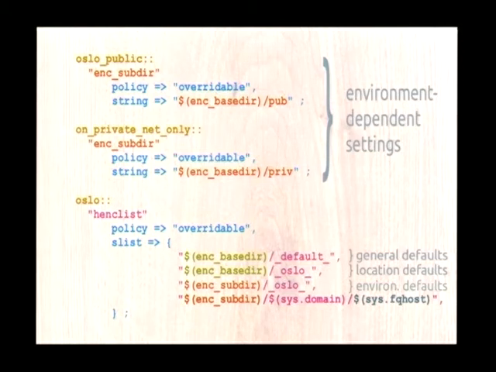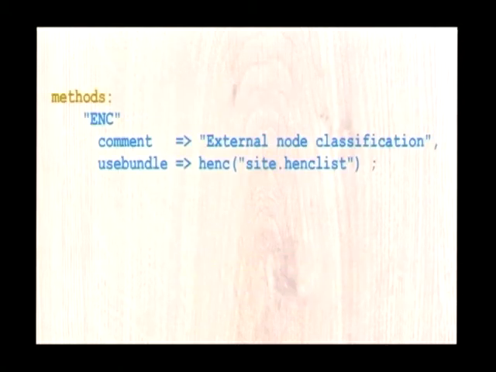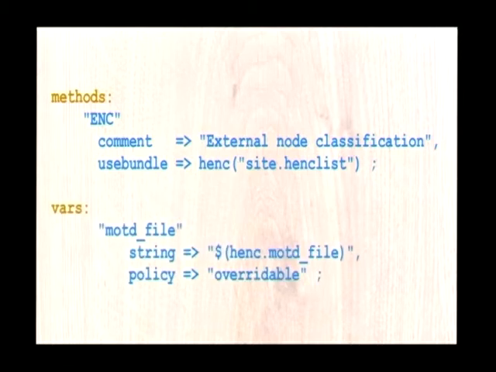And when we have these lists, we pass it to a bundle. This is the name of the list, the full name of the list. And it reads, it defines the classes, it defines variables. And once we have all of this, we can use it everywhere.